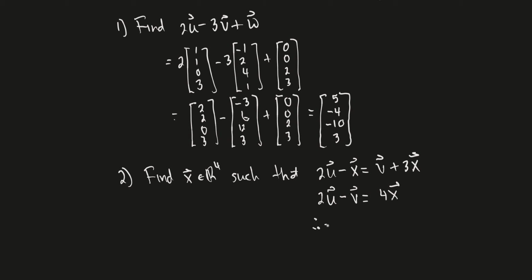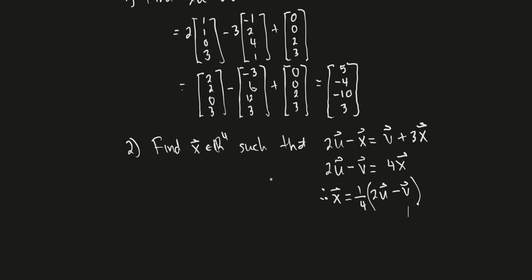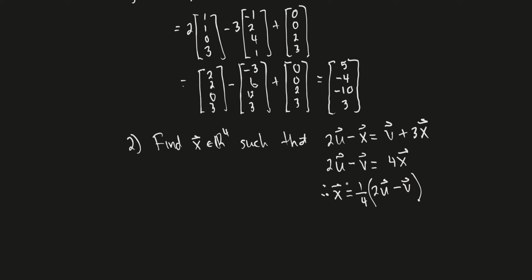Therefore, x is equal to 1/4 of 2u minus v. So again, all these operations we can do, and so remember, u is this vector right here, the 1, 1, 0, 3.